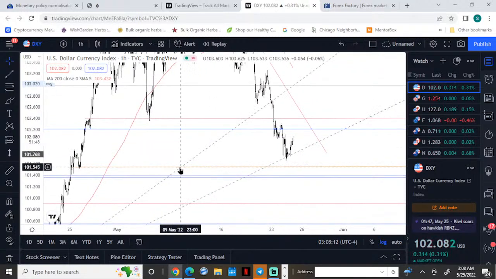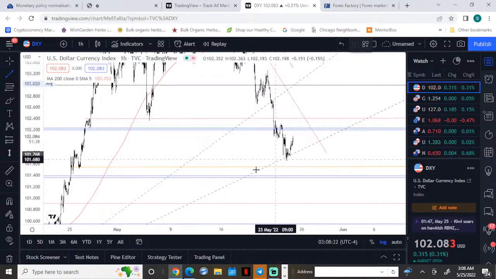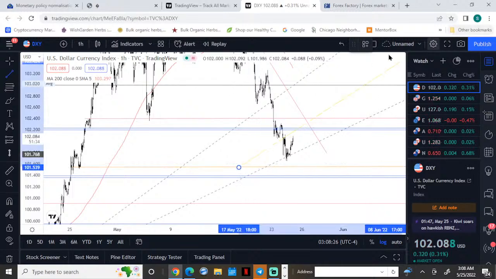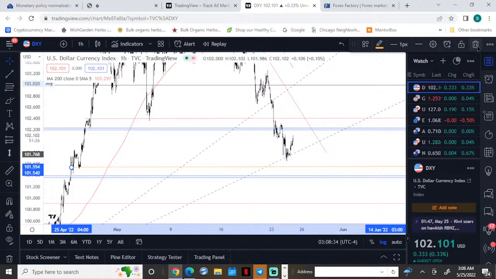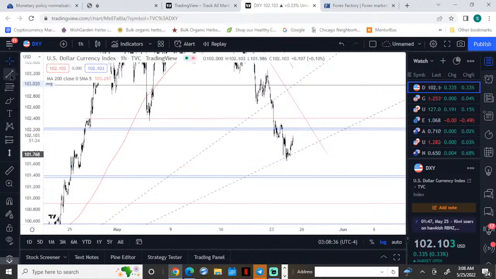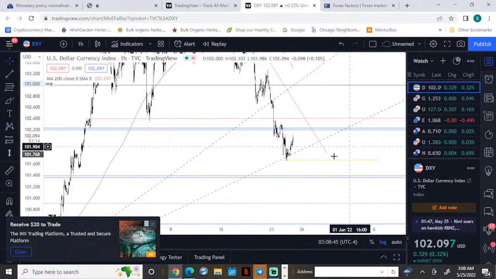So I am going to delete this line right here. And I'm going to update it. Just delete it. Okay. The yellow line is what I want to delete. All right, and excuse me, I'm going to draw this recent zone right here.